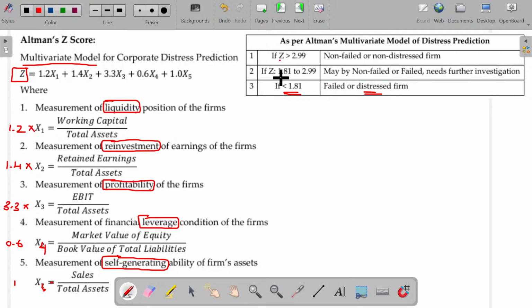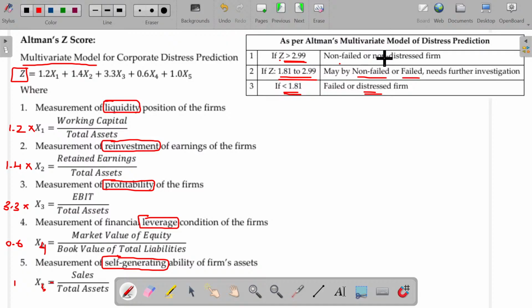And if the Z value is anywhere between 1.81 to 2.99, it may be non-failed or failed. It's a slight doubt. If the company's Z value is more than 2.99, it is a non-failed or non-distressed firm, which means it will not be liquidated or insolvent, and it will have a long life.